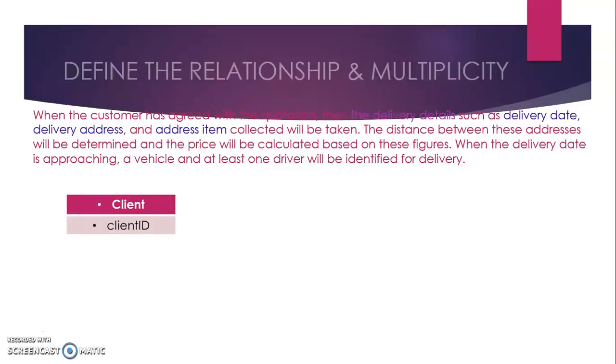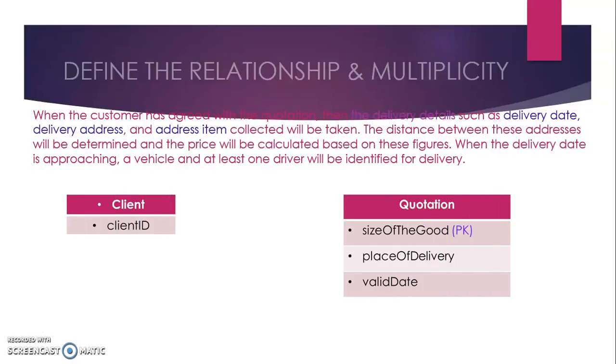Next is client and quotation. The relationship is agree. The arrow shows client agree quotation. The multiplicity is 1 to 1 and 1 to 1. It is shown when the customer has agreed with the quotation. Then the delivery details such as the distance, delivery address, and delivery items collected will be taken.